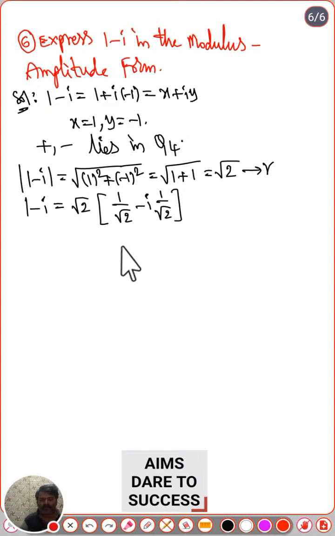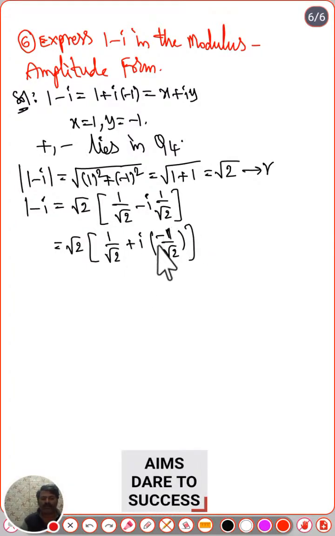Okay, my dears. So this can be written as root 2 into 1 by root 2 plus i into minus 1 by root 2. Here we will write it in terms of cos and sine values.